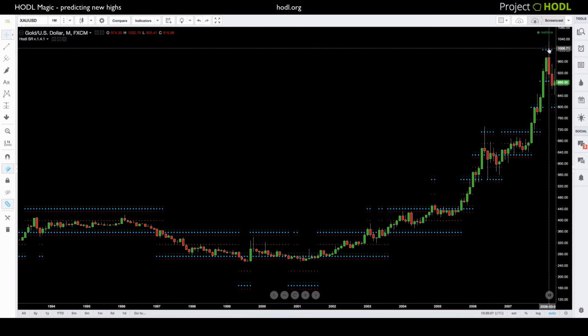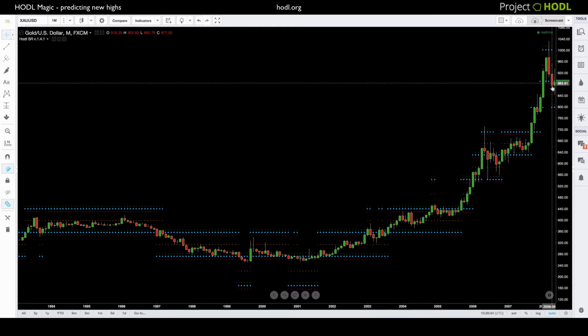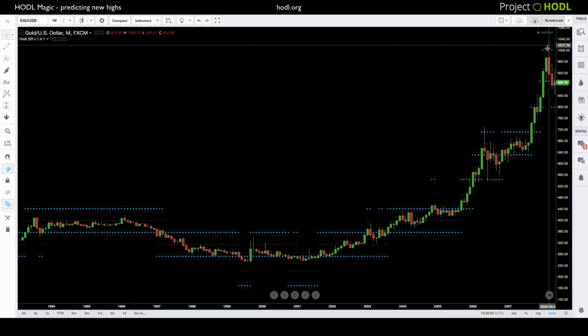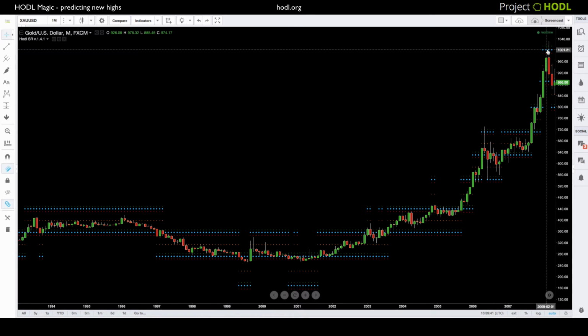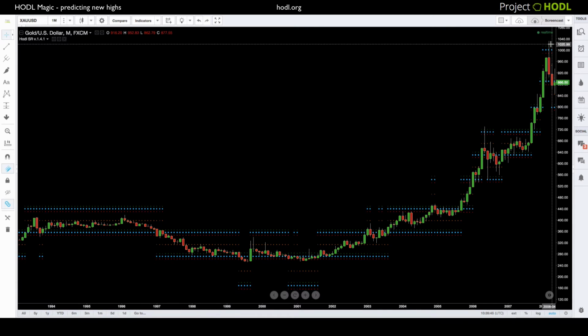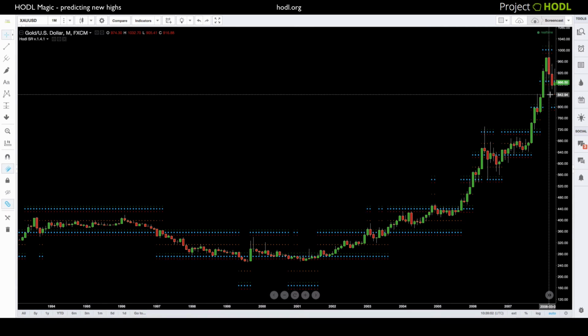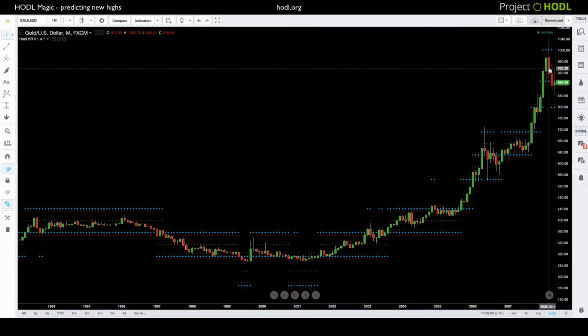Whenever the price, so we're talking about new highest highs, retraces more than 1.5 level, you should consider reconfiguring the HODL SR plugin, because maybe this is a new highest high. We don't know yet, but as soon as the price retraced 1.5 level or more, well, it's time to reconfigure the plugin. So let's do that.